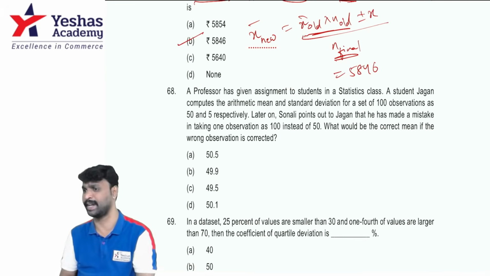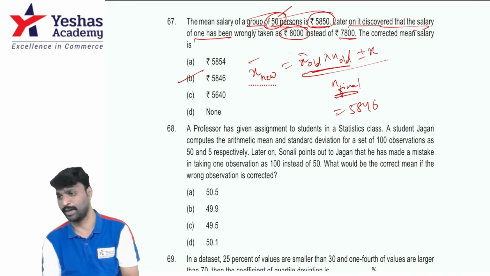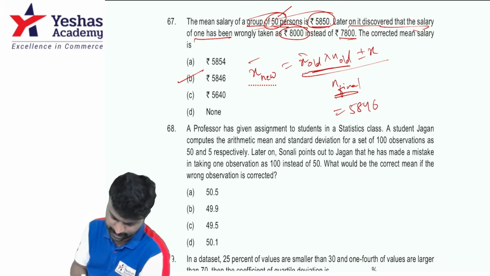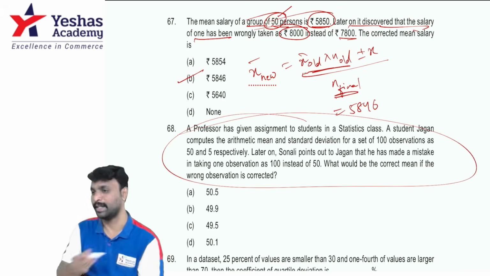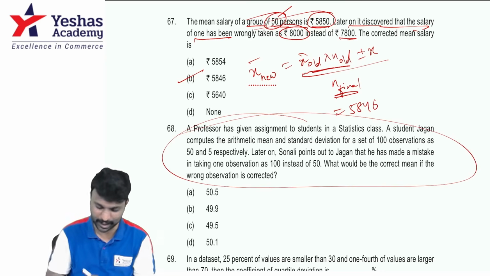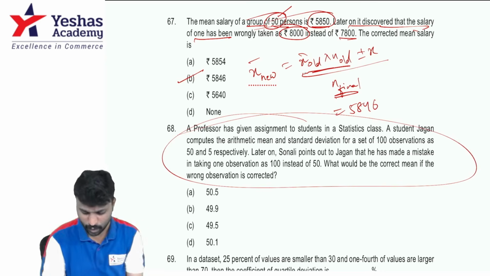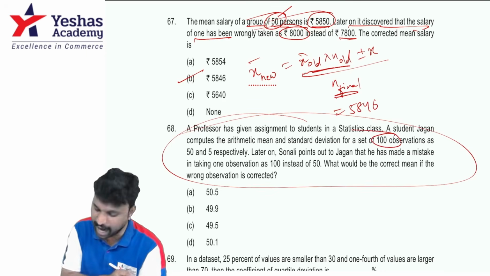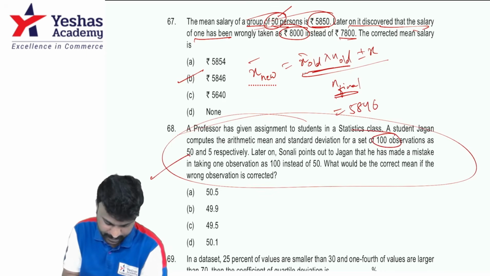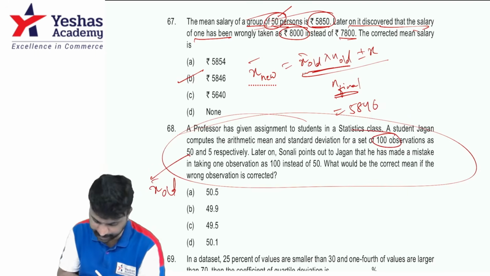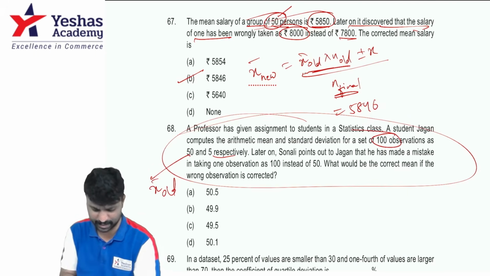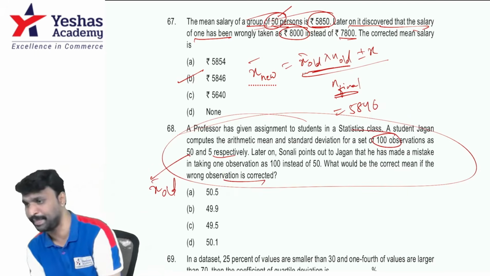I've discussed this in the regular class and also in the marathon videos. Guys, once again, this question uses the same concept: x bar new is equal to x bar old into n old plus or minus x. What is n old? 100 observations. So the mean x bar old is 50. Standard deviation is not required because they're asking for the correct mean.